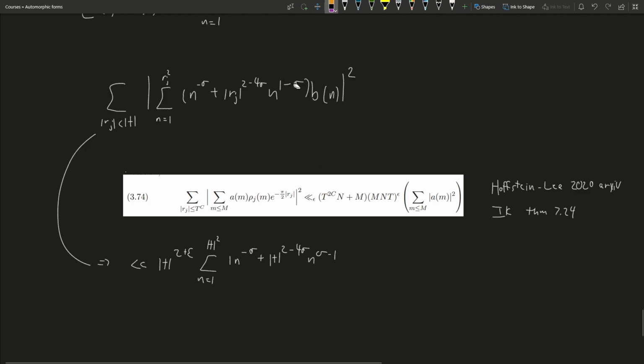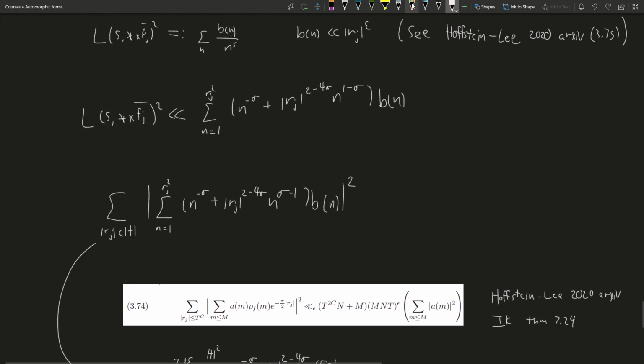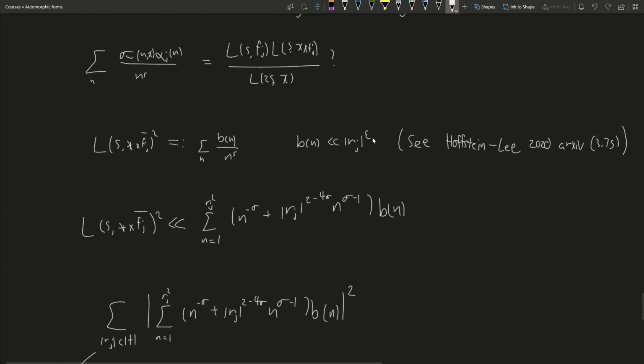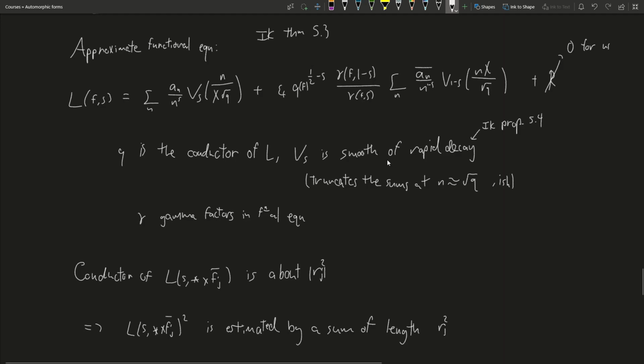Yeah. My bad. Right, because it's minus 1 minus sigma. I bet I made the same mistake here. Yep. It's going to be sigma minus 1. Did I make it anywhere else? Okay.